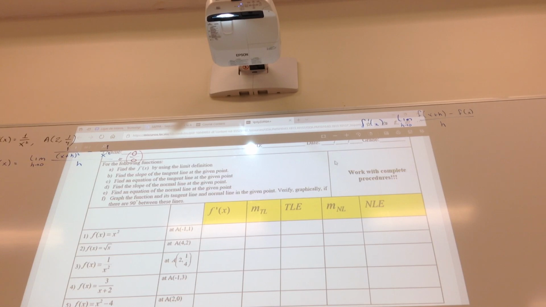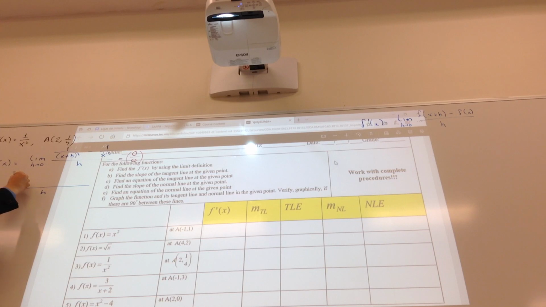Now what? Factor, simplify, apply the right procedures. In this case, you have 2 fractions. Remember what happens if I have 2 fractions in the limit? I'm going to find the common denominator. We leave the h in the denominator, but for those 2 fractions, I'm going to subtract them using common denominator.